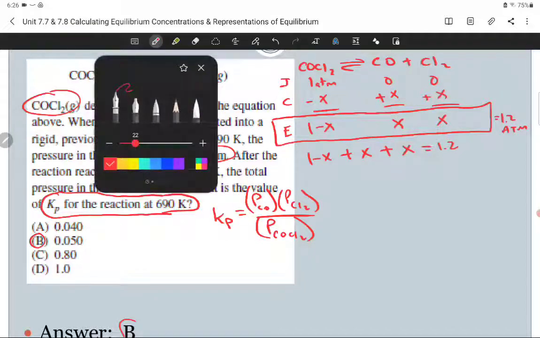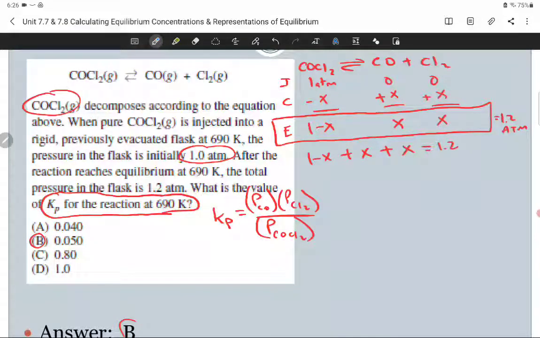So before we get too much further, there might be a couple things we can cancel. A minus x and a plus x we can cancel. So what is x going to equal in this case? I think just take the 1 and subtract 1 from both sides, and you'd get 0.2 atmospheres.